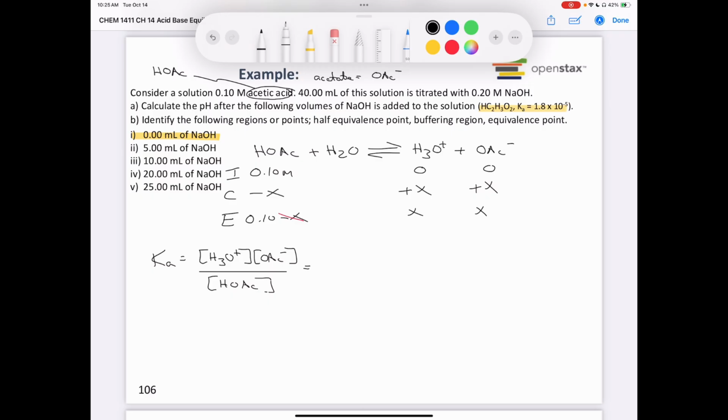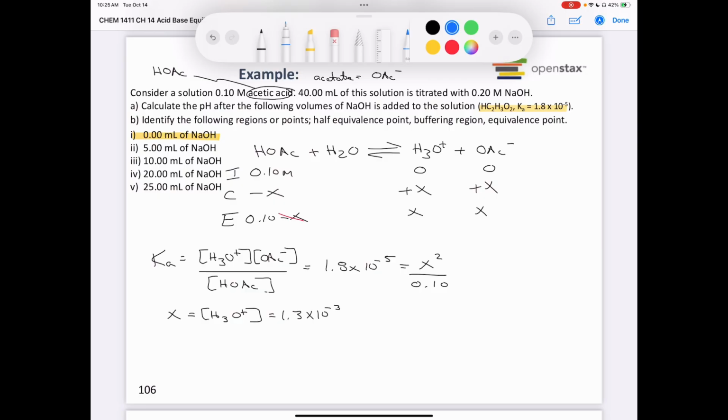And so our Ka is 1.8 times 10 to the negative 5, and that's equal to x squared over 0.1. So we solve for x, which is equal to the concentration of hydronium, and I've gone ahead and done this already, and you end up with 1.3 times 10 to the negative 3.